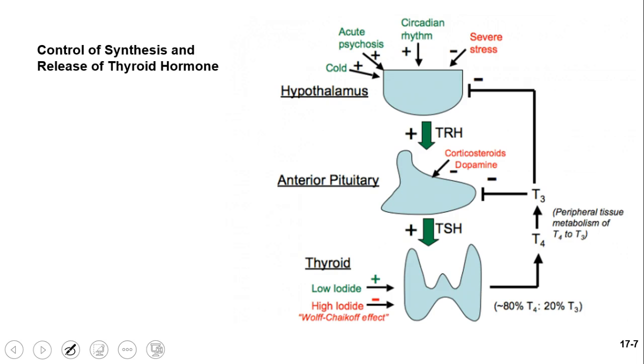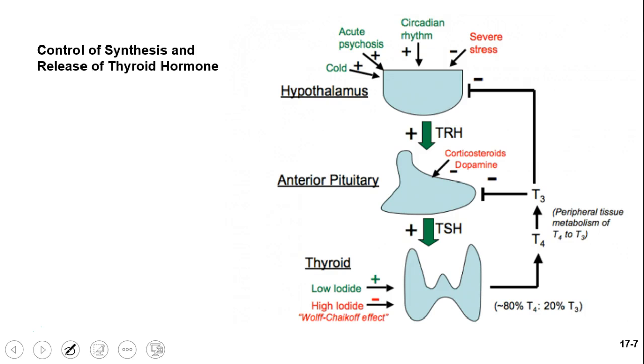That in turn will stimulate the anterior pituitary. The anterior pituitary will release thyroid stimulating hormone, and the TSH will go and stimulate the thyroid gland. And it'll cause the gland to grow and to synthesize hormone.